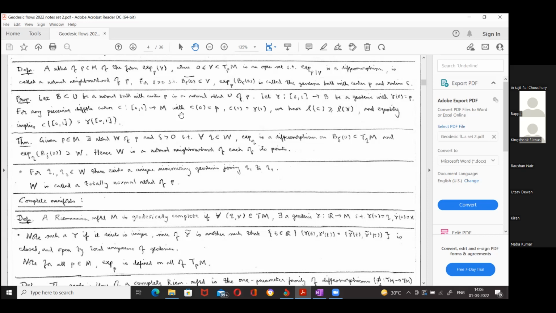So for any point in the normal ball, the geodesic from P to that point is the shortest length curve in the whole manifold from the point P to the point in the normal ball. Right? This is what we proved at the end of last time.